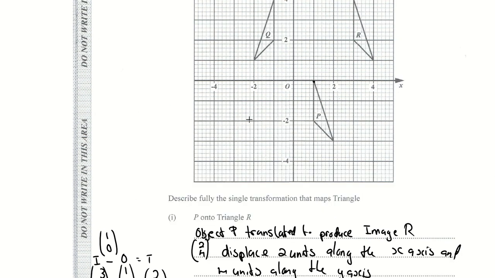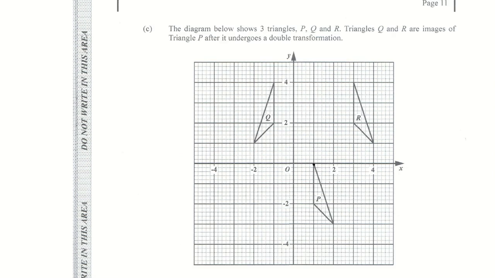To find the location of your mirror line, you count from the object to the image. You count how many units. Now you have to use corresponding points. You can't use this point here and then go to this point here. It has to be corresponding points. 1, 2, 3, 4.